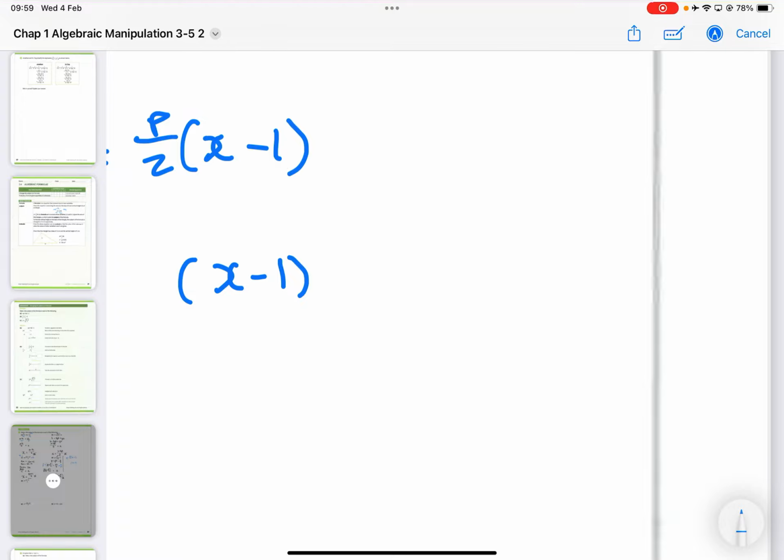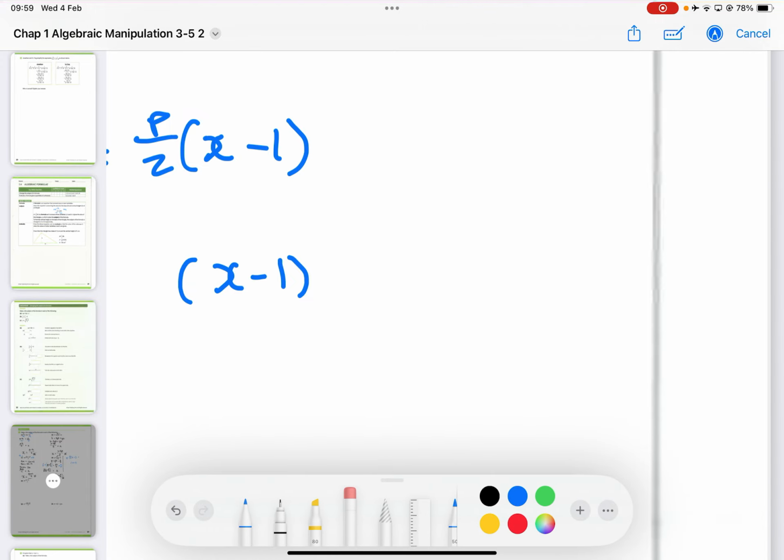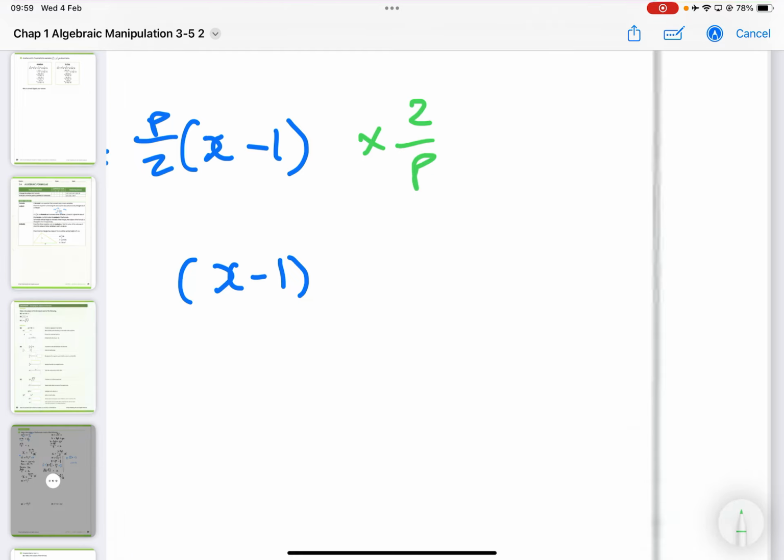I can do it by straight away dividing by p over 2. Or in other words, I multiply 2 over p. I multiply 2 over p, then my 2 can cancel with the 2, my p can cancel with the p.